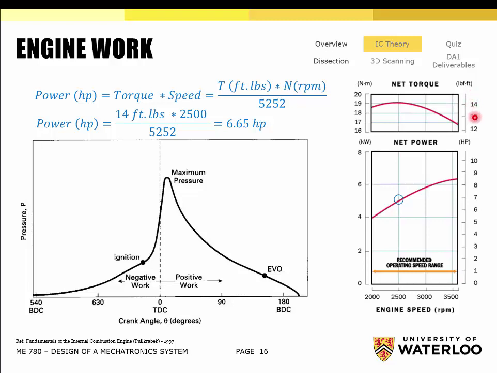That's the axis on the right here. So 14 foot-pounds of torque multiplied by the RPM, which is 2,500, divided by 5252, gives you 6.6 horsepower. If we look at the performance curve here at 2,500 RPM, it's about 6.6 horsepower, which is the scale on the right. So the units check out. It does work.